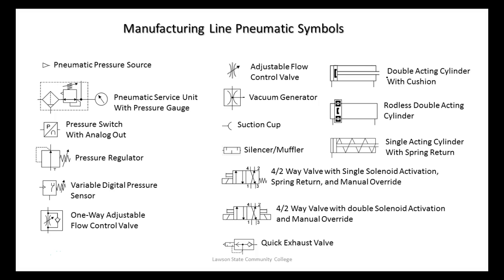And these are what's up on the chart right here. If you look in your handout section, it says symbols. Now this is no way close to all the symbols that we have that are out there, but these are the symbols that we run into in this class. Do you have any questions on any of them?